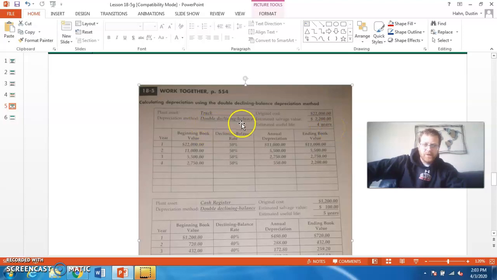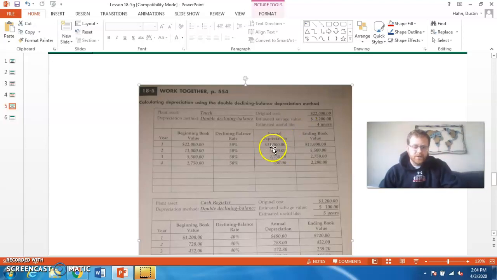We are using our double declining balance depreciation method, and it's a truck. So year 1 we start with $22,000. For our annual depreciation, take our $22,000 divided by 4, since that's our useful life, and that equals $5,500. However, take that times 2, and that equals your $11,000.